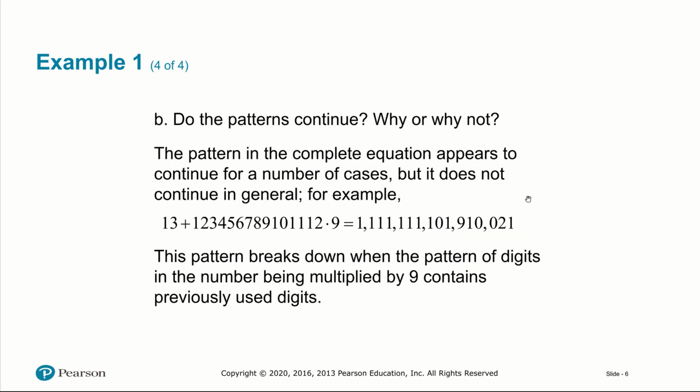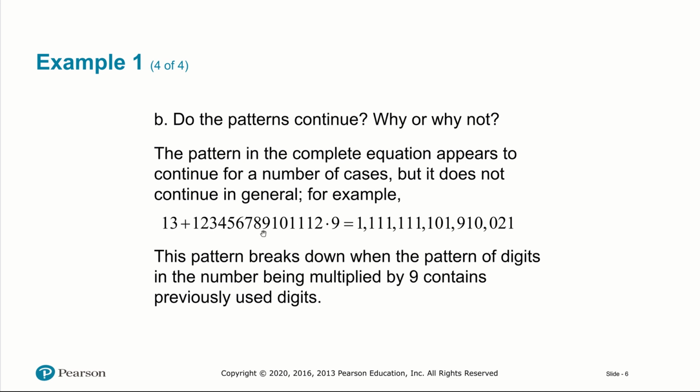In fact, if we look at this particular sum in that sequence, for example, we have 1 2 3 4 5 6 7 8 9 10 11 12, and then you multiply that by 9. Notice we don't get that nice pattern of all ones, so the pattern definitely does not continue forever.